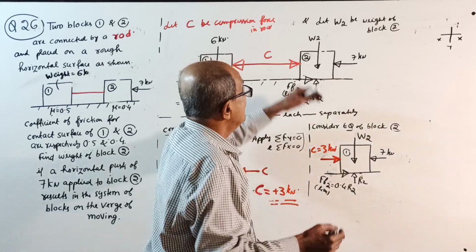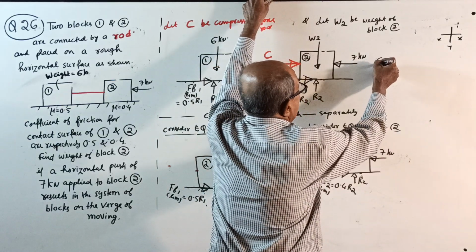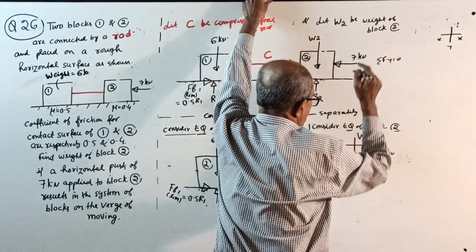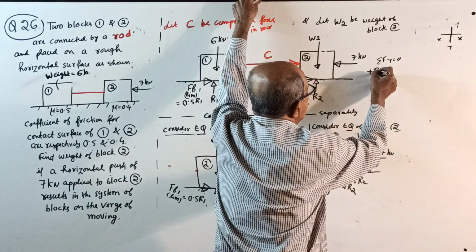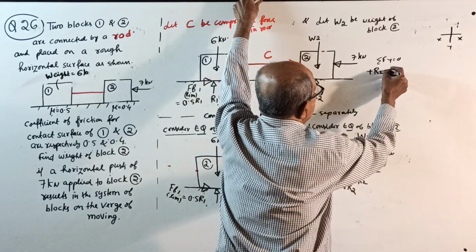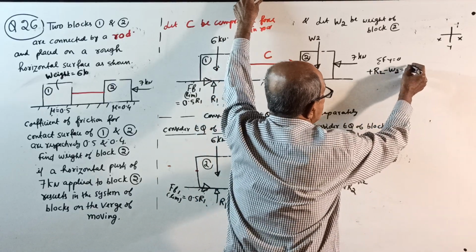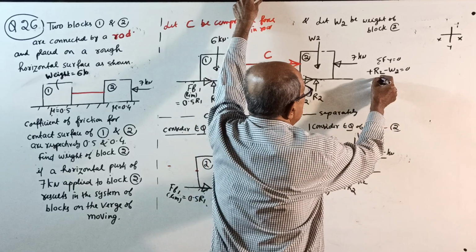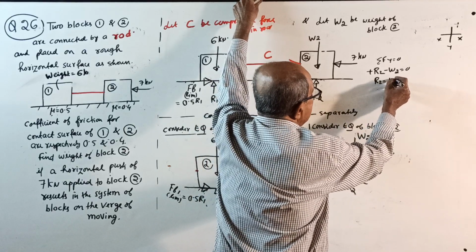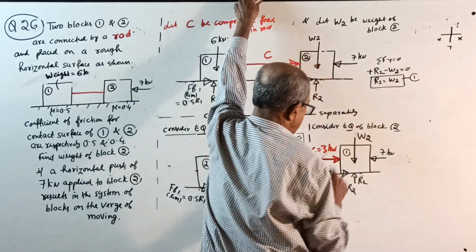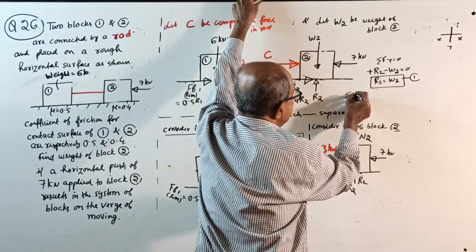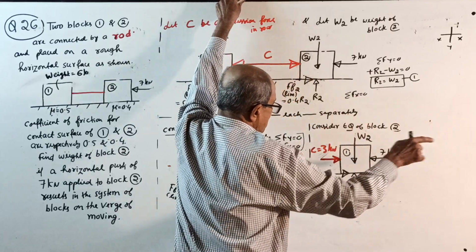Now apply sigma Fy equal to 0 first. See what happens. Plus R2 minus W2 equal to 0. So your R2 will come equal to W2. Call it equation number 1. Okay, then sigma Fx equal to 0, right side positive.